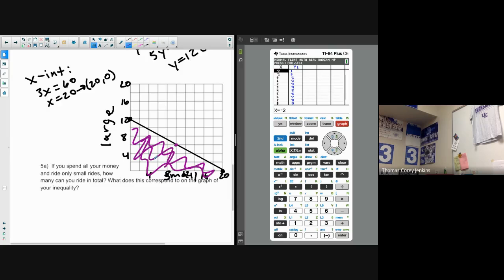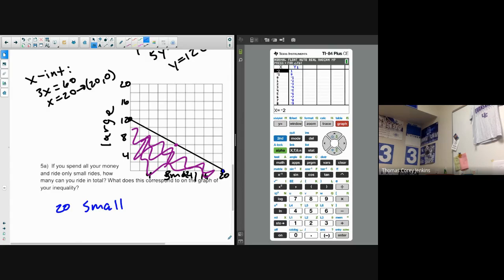So if you spend all your money and ride only small rides, how many could you ride in total? So that would be right here, 20, 0. So 20 small. All right, and it says, what does this correspond to on the graph? We would just say that's represented by the x-intercept.